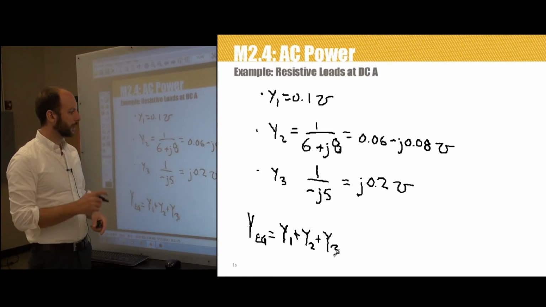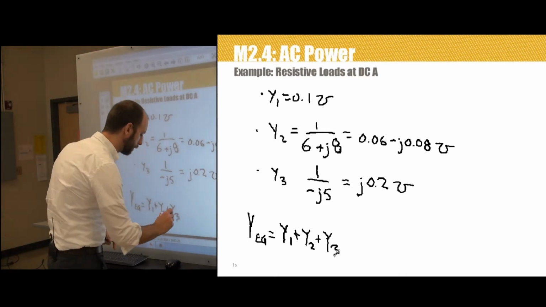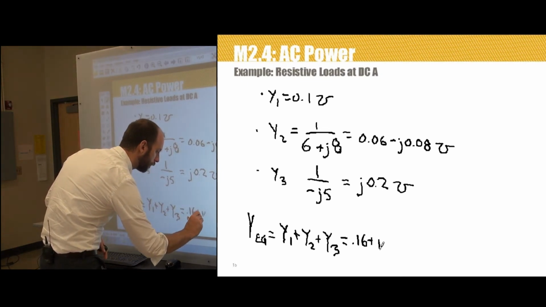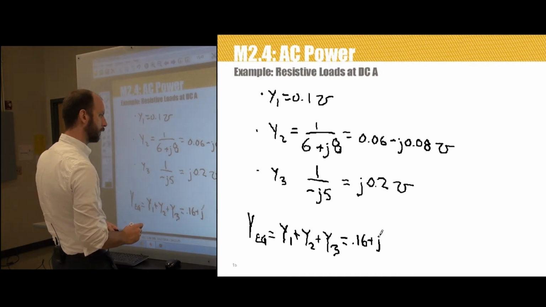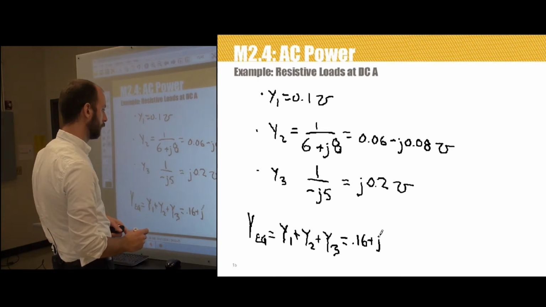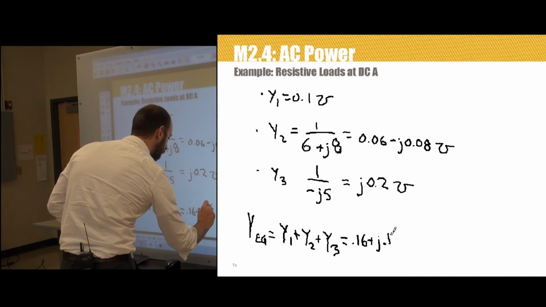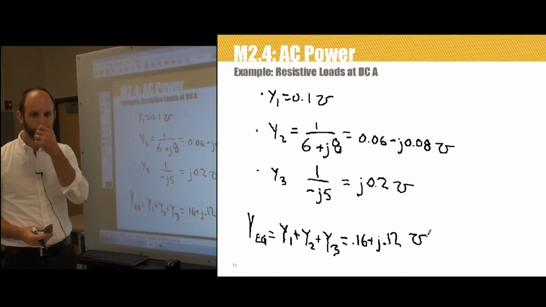That's going to give us 0.16 plus j0.12 mhos, right?